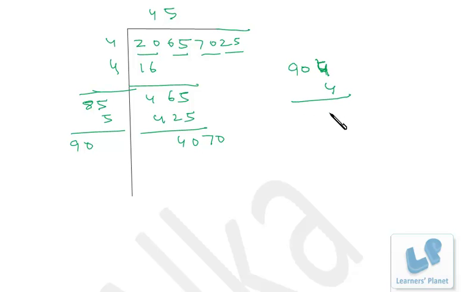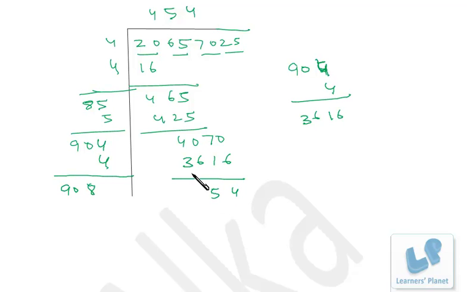So that's 4 4s are 16 and 4 9s are 36. And 905 into 5 will be bigger than 4070. So we can take 904 into 4. So that's 4, that's 3, 6, 1, 6. 10 minus 6, 4, 7 minus 2, 5, 40 minus 36, 4, 5, 4.